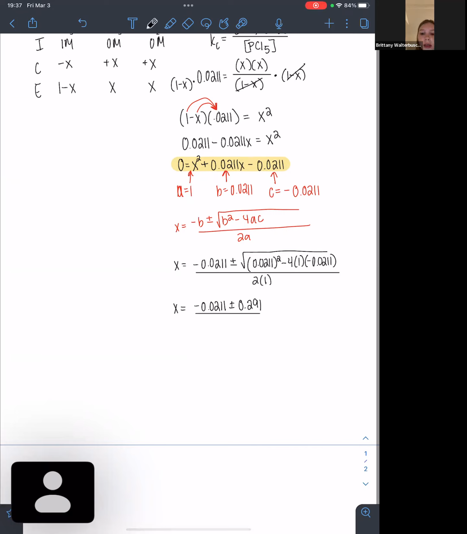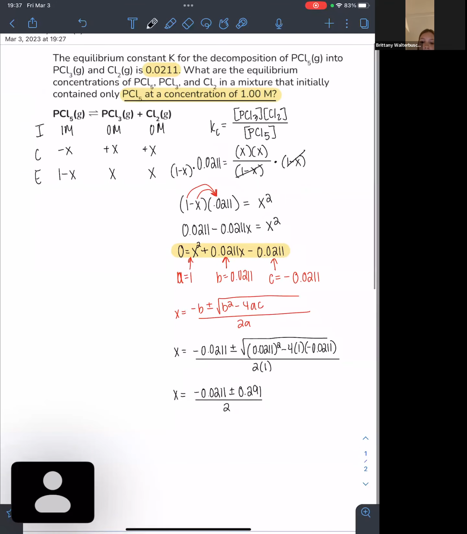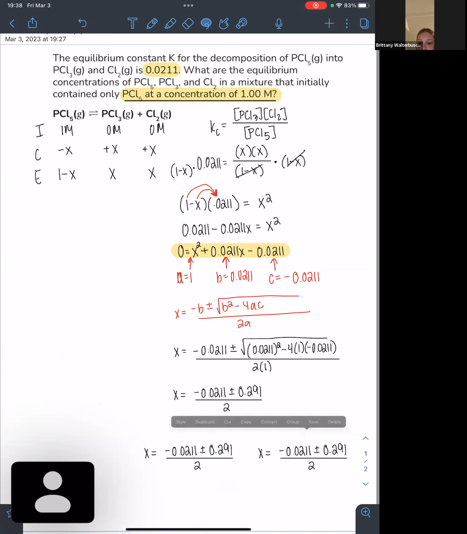And then again, we're going to keep that all over a value of 2. So with that, we can represent this equation in 2 ways. One of them is going to have the plus, one of them is going to have the minus. So I'm going to choose this one on the left to have the plus, and the one on the right is going to have the minus.